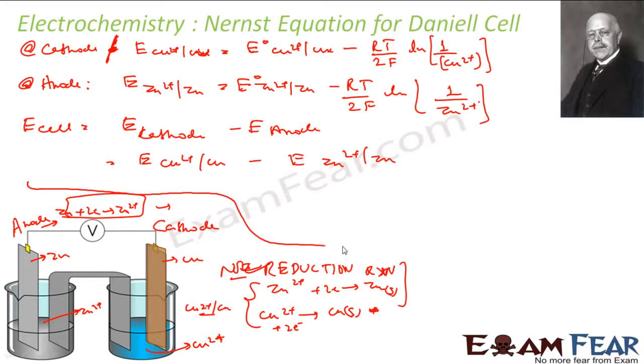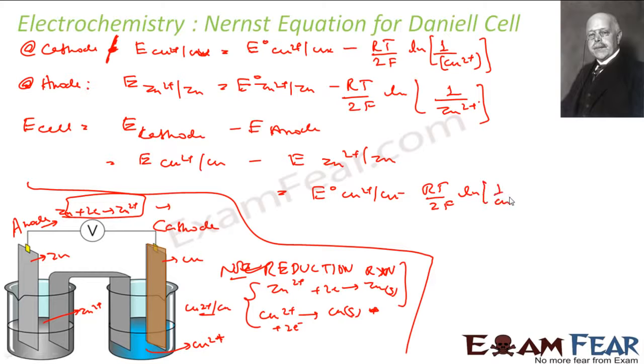Correct? And what is the value of this? E of Cu2+ to Cu is E naught Cu2+ to Cu minus RT by 2F ln 1 by Cu2+, minus this value E of Zn2+ to Zn. This is equation 1, this is equation 2.